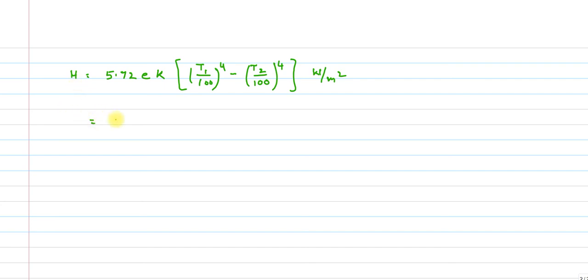Now the heat is the same, so it should be 111243 equal to 5.72, and E is same, it is 0.9, and K is also same, it is 0.6, into T1 divided by 100 whole power 4 minus T2, which has been given as 25 degrees centigrade.